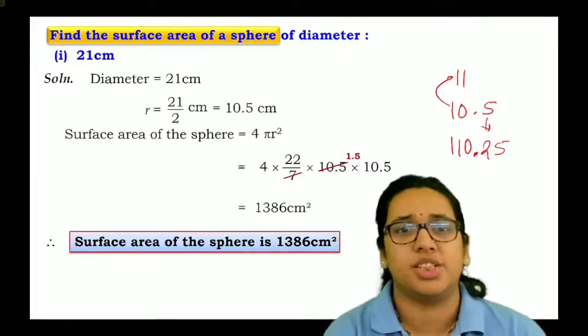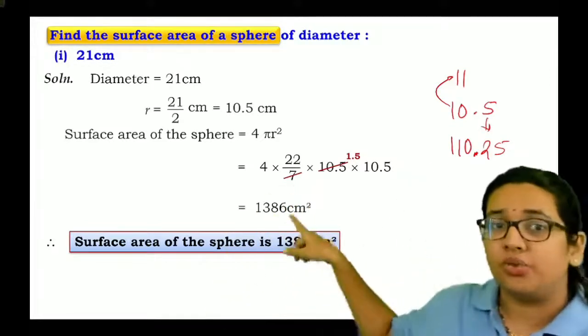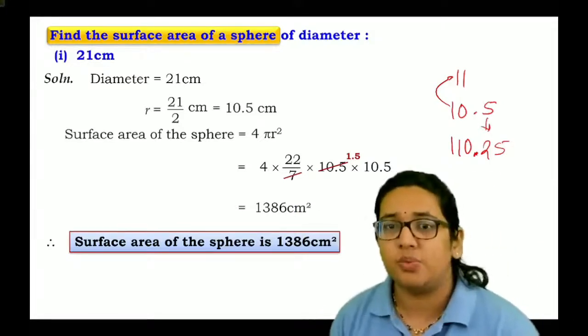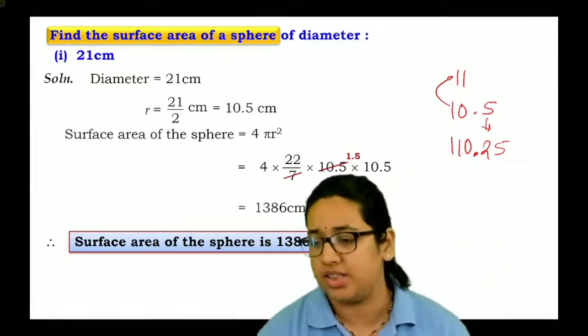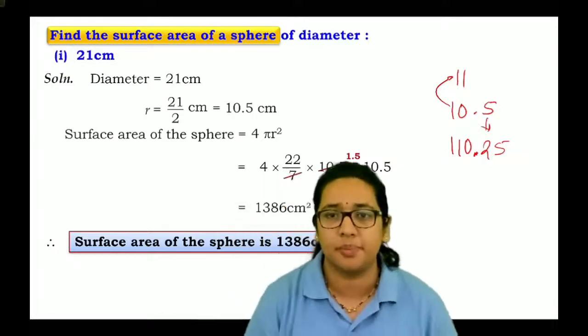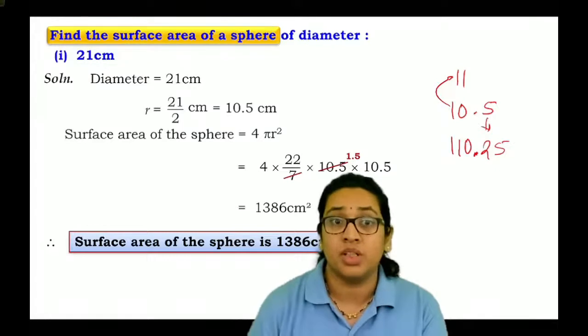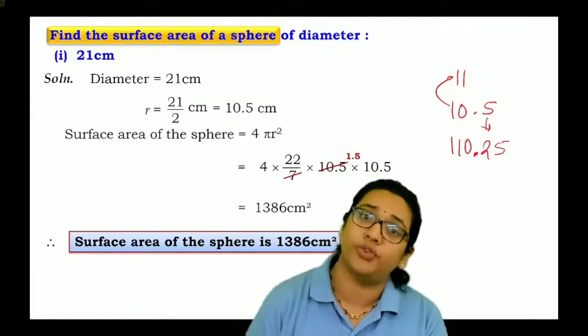Just check once what the unit place should be. The answer should be 1386. Are you getting what the surface area of the sphere is here?